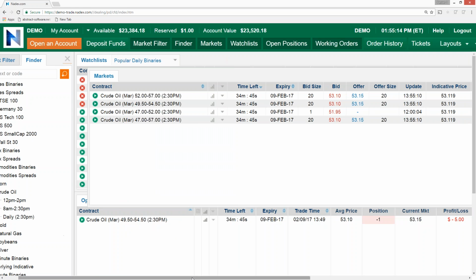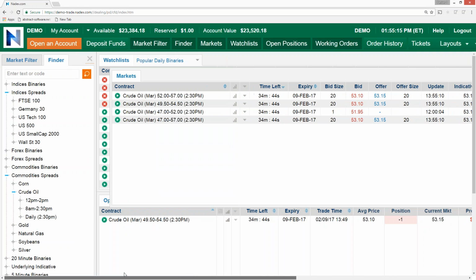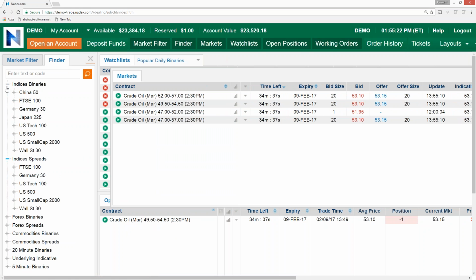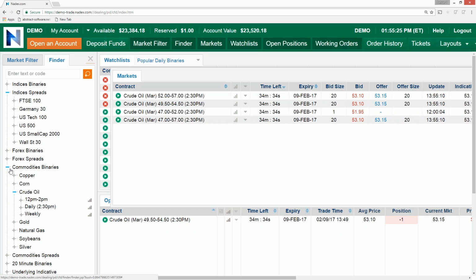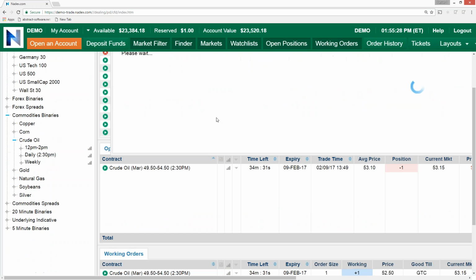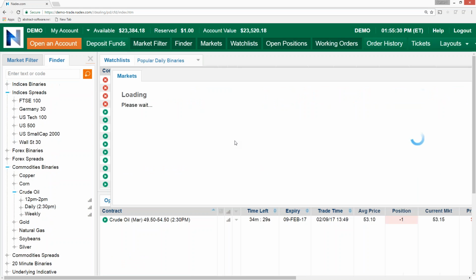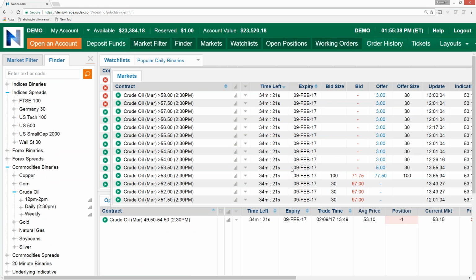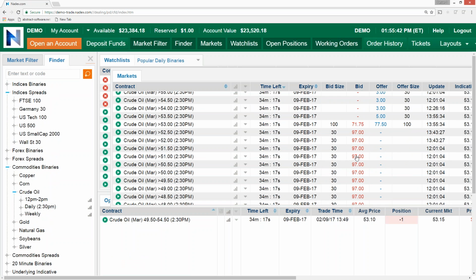Comparing that to an in-the-money binary, the in-the-money binary is still going to give me the ability to make a potential profit, but only because of the way that it settles. So let's look at the same daily option here. Remember that 52 was the ceiling level in the spread. What if I were to sell the 52 strike binary option? Again, I can't buy it, but I can sell it for 97.